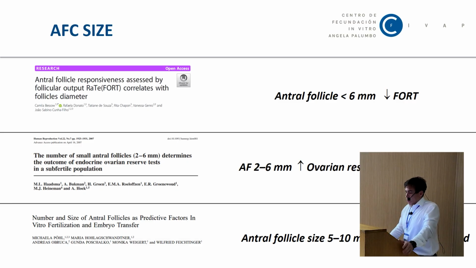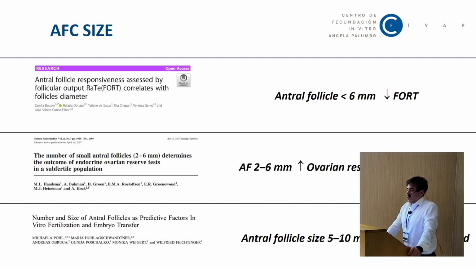In the second study, Hansma group reported that antral follicles between 2 and 6 millimeters were related to better ovarian reserve test results. And in the third article, Paul group related antral follicle size from 5 to 10 with higher predictive value for oocyte retrieval.